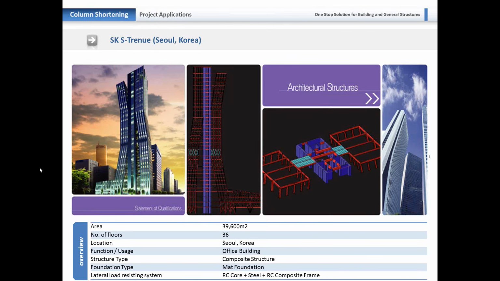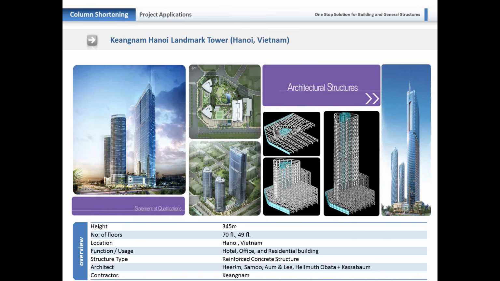And finally, we have the Kiang Nam Hanoi Landmark Tower in Vietnam. This has three different towers: a 70-story main tower, and two supporting towers of 49 stories each.